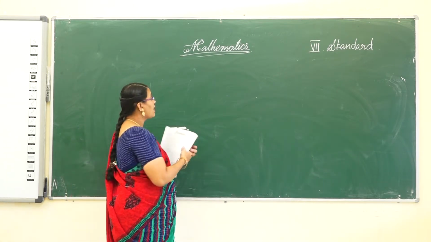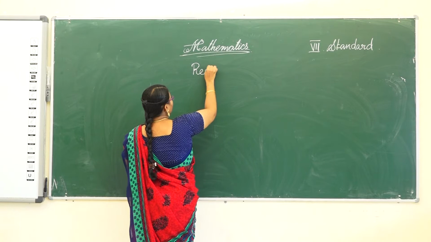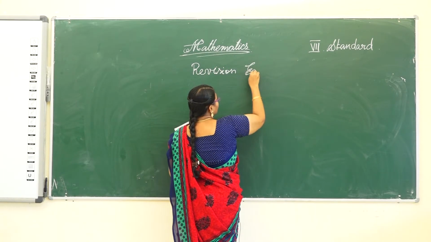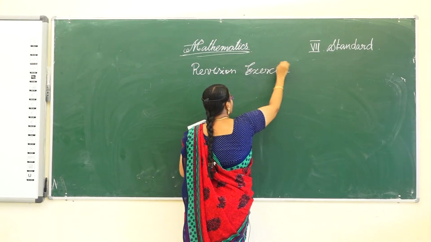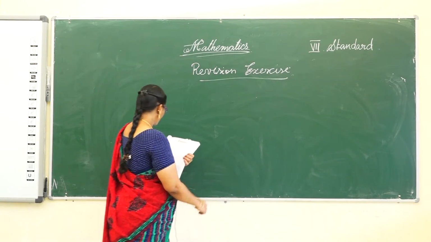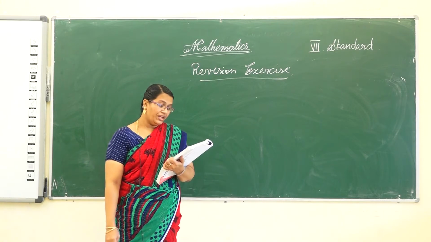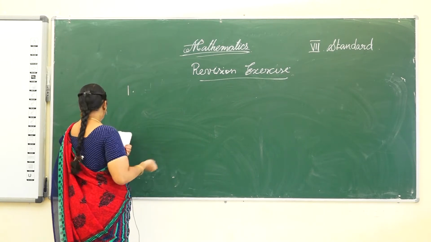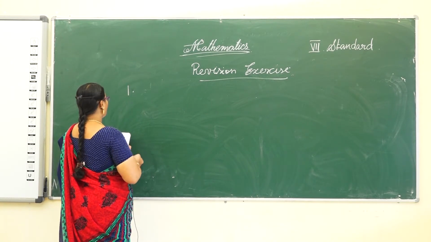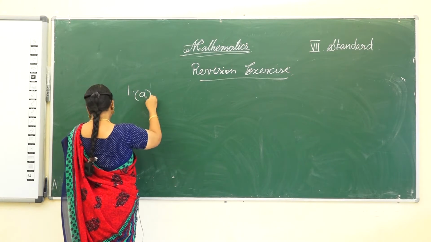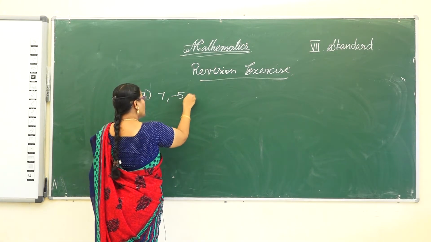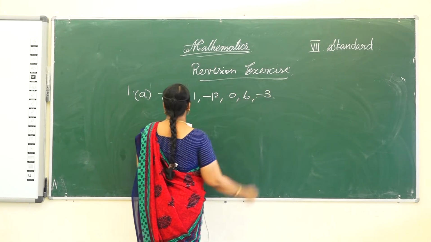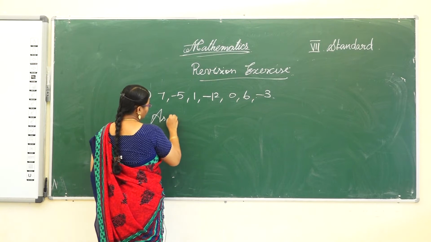See the revision exercise. First question, arrange the following integers in ascending order. Already you learned how to write, right? Ascending order and descending order. Let us consider the first option A: 7, minus 5, 1, minus 12, 0, minus 3. How do you write in the ascending order?